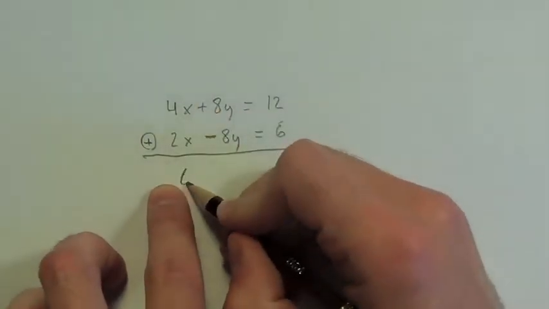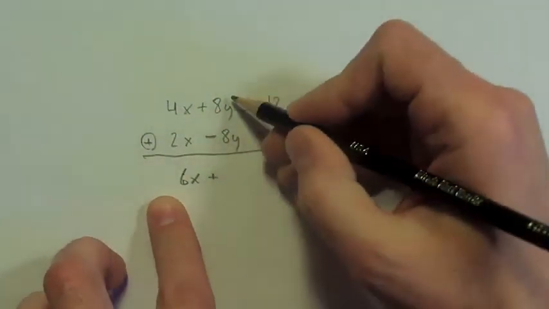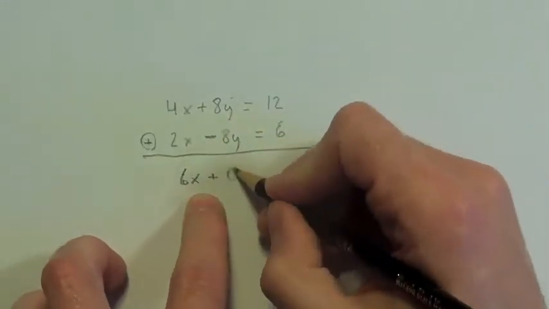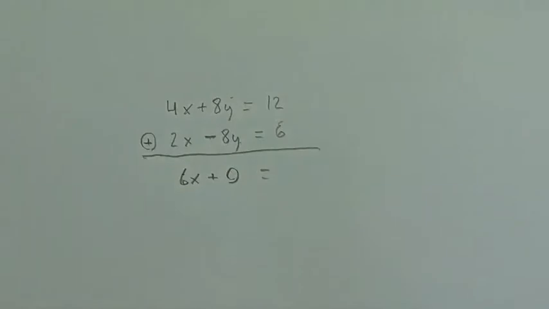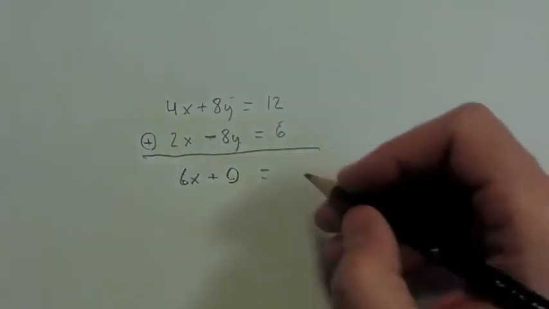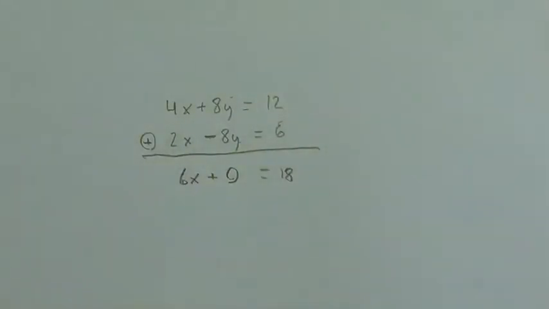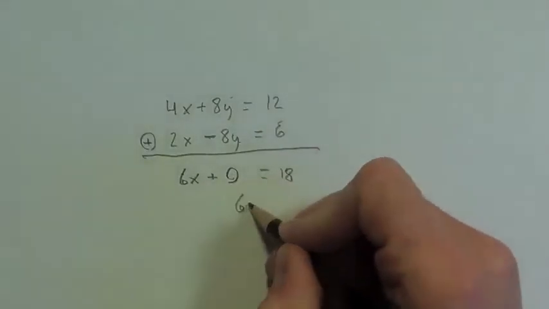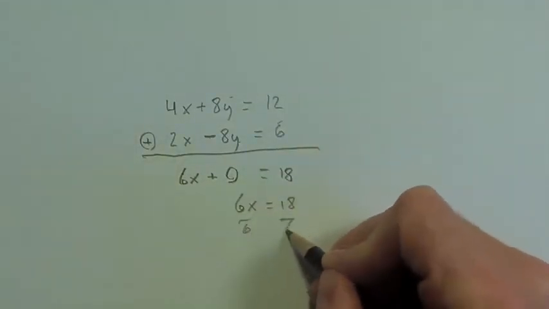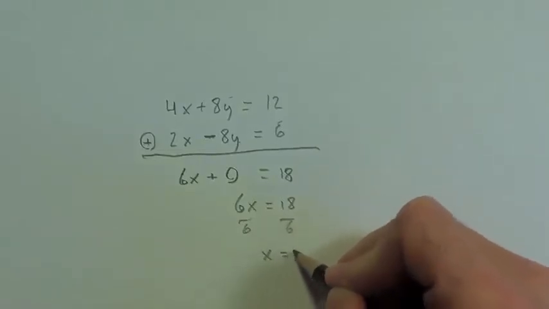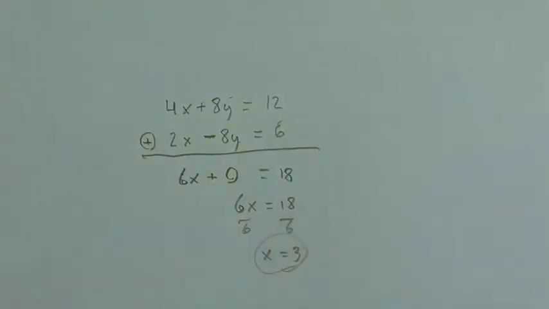I'd get 6x plus, now the 8y minus 8y would cancel out to be 0, and this 6 plus 12 would give me 18. So I'd now have 6x is equal to 18. Divide both sides by 6, and you'd get x is equal to 3.